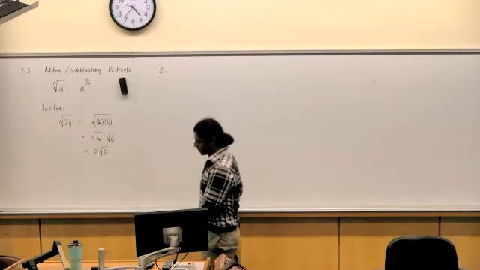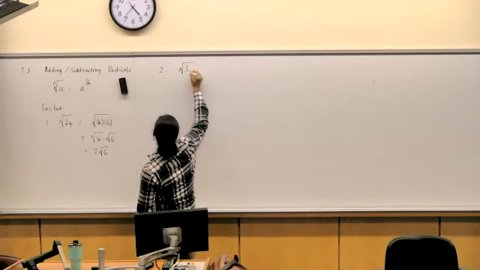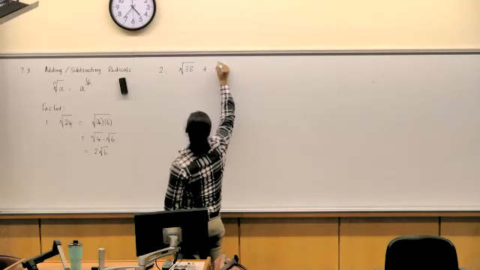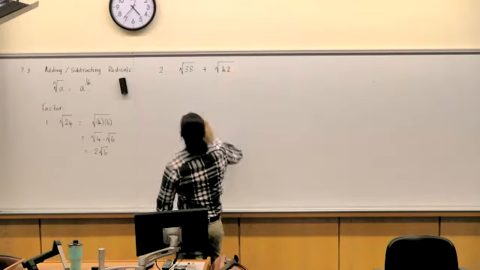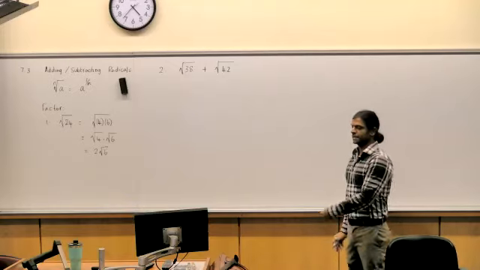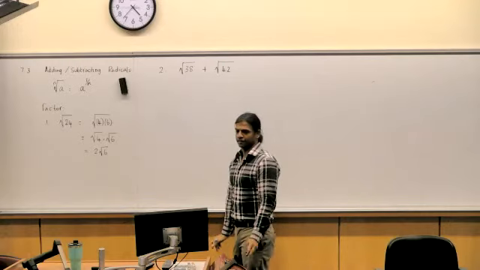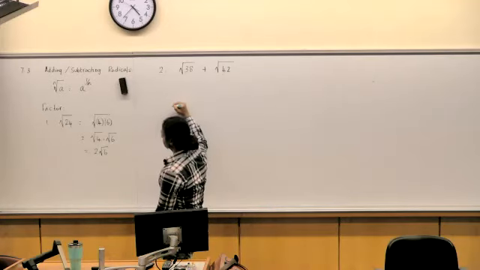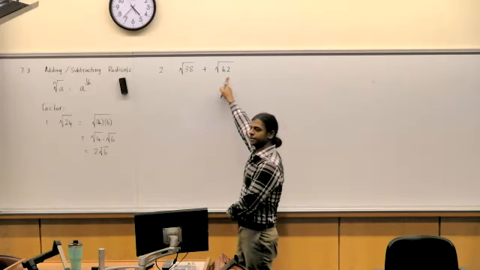But why is this important? Let's say we have a case: square root of 38 plus square root of 42. Is 38 a perfect square? No. Is 42 a perfect square? No. But what is in common between the two? Well, 38 is divisible by 2, so is 42.